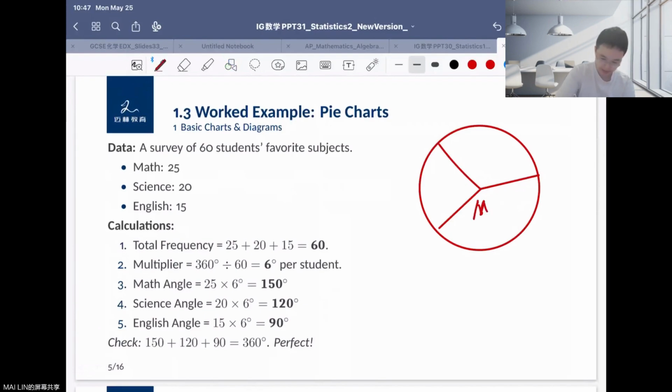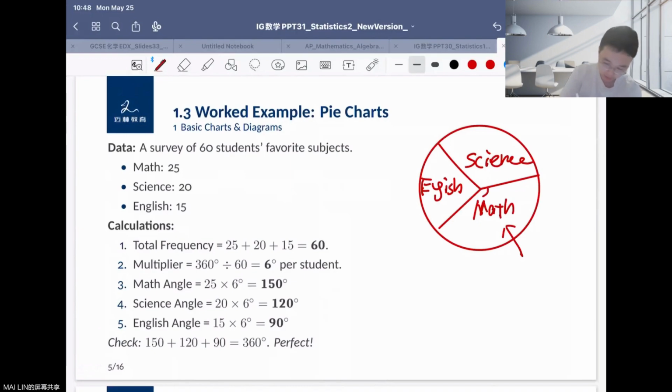So maybe here's math, science, and English. Maybe math has the most number of students, right? So it takes more space than science and English. That is the first understanding of this graph.